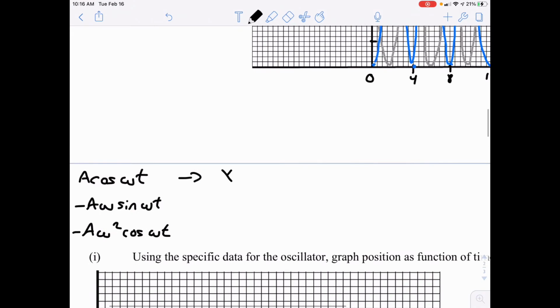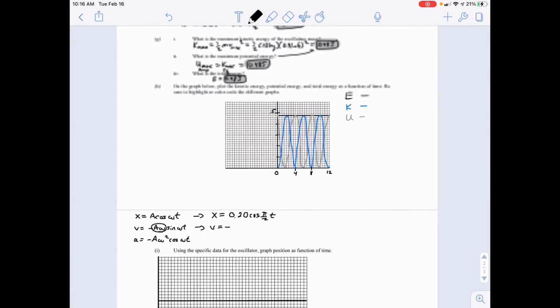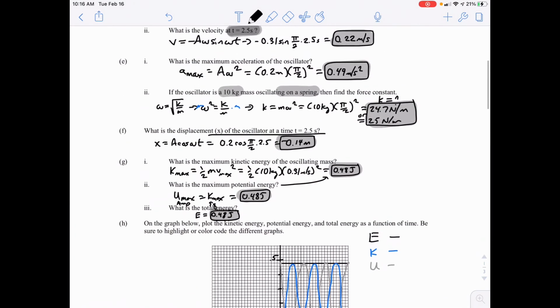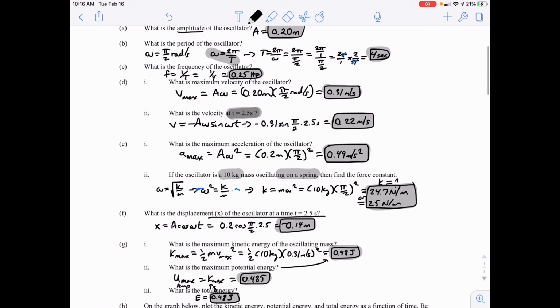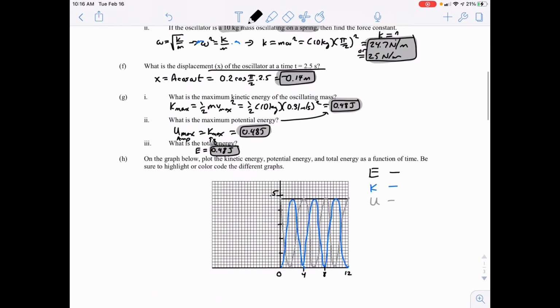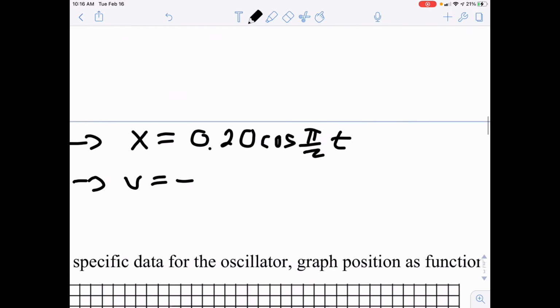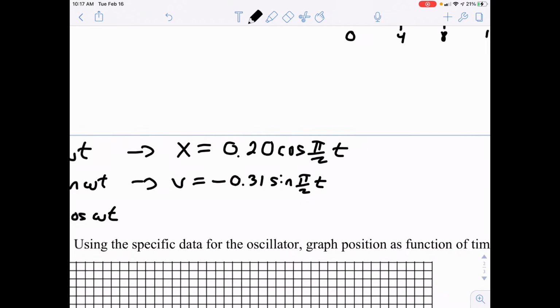So x was 0.2 cosine of pi over 2 t. V. Now, A omega was V max. So negative, where was V max? 0.31. So negative 0.31 sine pi over 2 t.